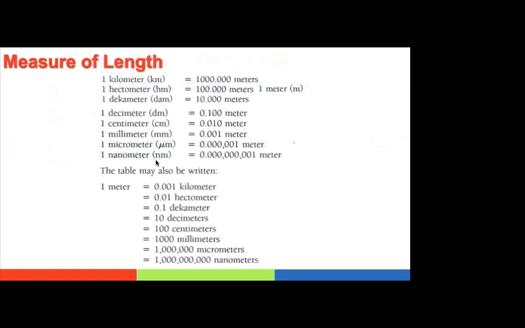Okay. Now, here are the different measures of length. So, ang tatandaan nyo lang, I don't want you to memorize this table. Okay? Although, ikaw, bahala ka. Kasi sometimes, nakikita ko yung ibang student, minamemorize nila yan. Tapos may mnemonic pa. Walang problema doon. If that's how it works for you.